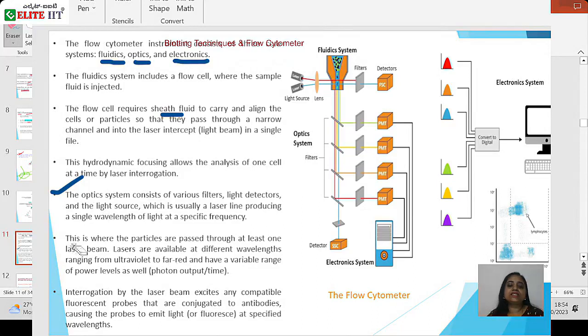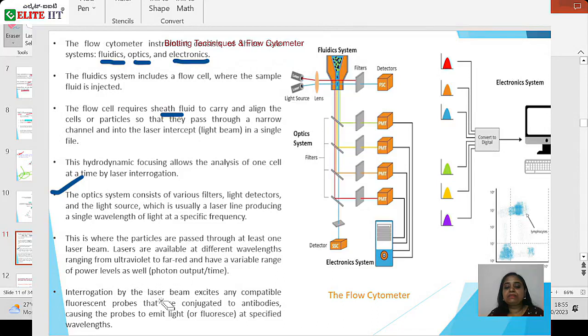In this case, the particles are passed through at least one laser beam. Lasers are available at different wavelengths, and different fluorophores need different wavelengths. Lasers range from ultraviolet to far red and have a variable range of power levels as well.